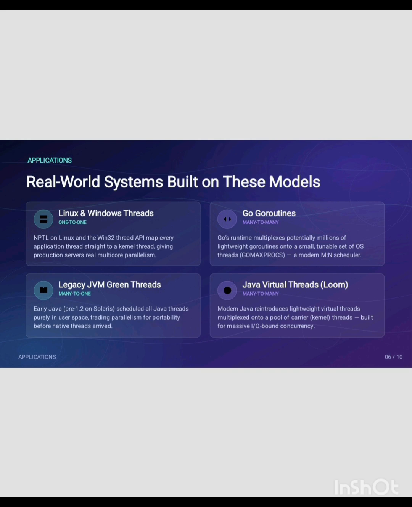Many-to-many: Java virtual threads, Project Loom. Modern Java reintroduces lightweight virtual threads multiplexed onto a pool of kernel threads, built for massive I/O-bound concurrency.